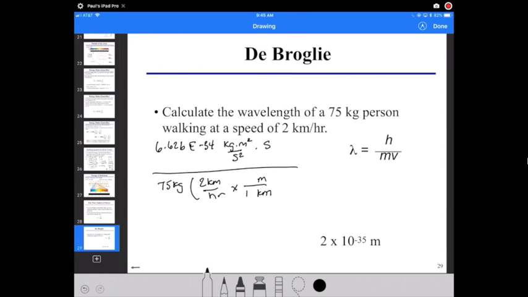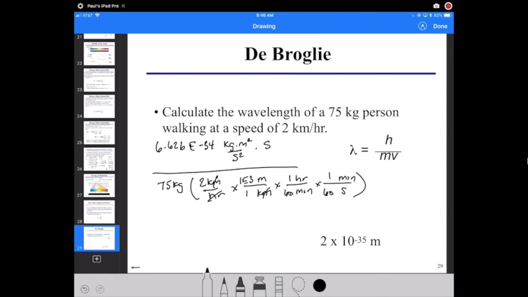And I always put the one with the prefix and the value with the base unit. So now I have meters that I can use. And remember, you've done this before. Hours can be converted into minutes. 1 hour is 60 minutes. And minutes to seconds: 1 minute has 60 seconds.